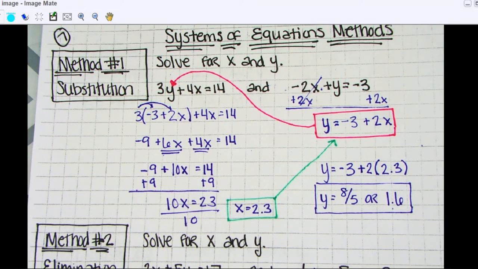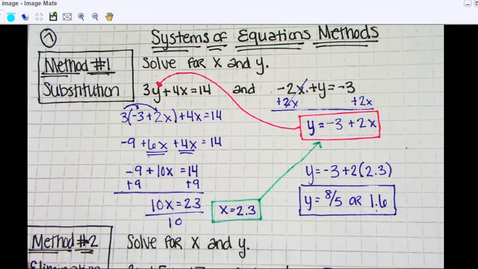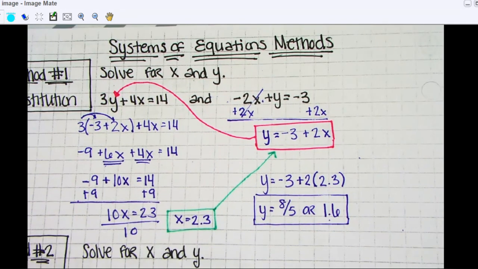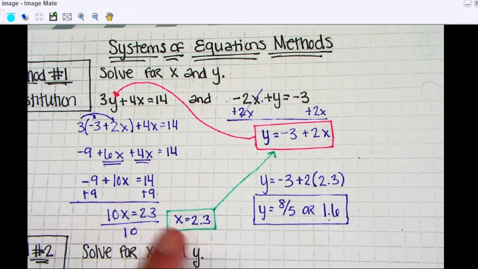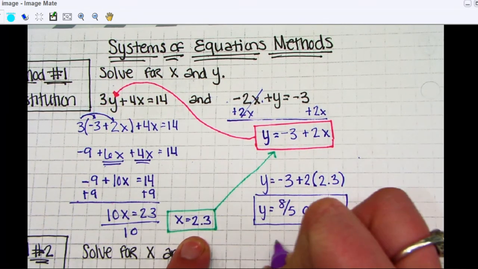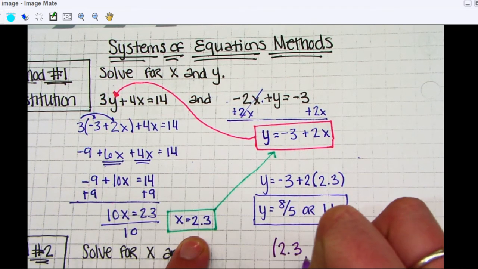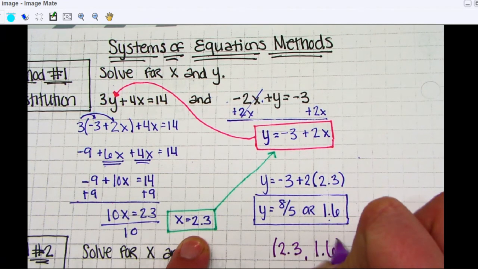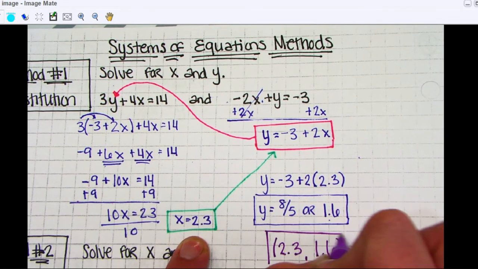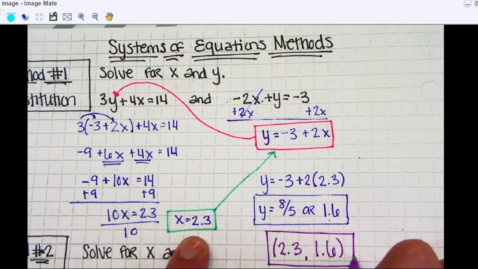So you're actually finding the intersection point of two lines. So all I'm going to do is write my final answer in terms of a coordinate. So I'm going to put my x value first, which is 2.3, and the y value second, which is 1.6. So this is your final answer as a coordinate.